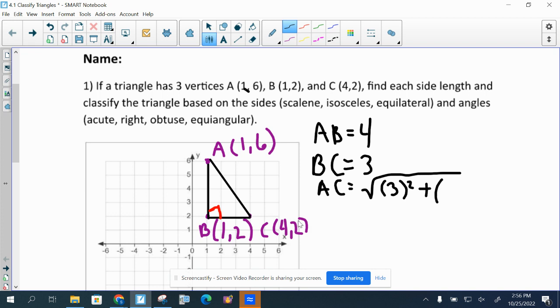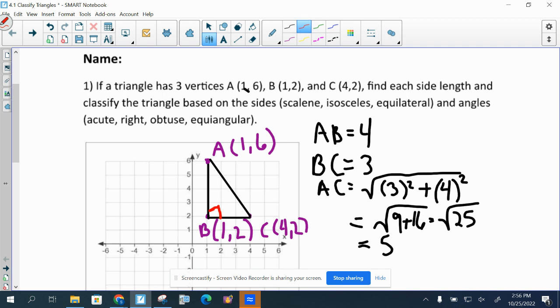The 2 minus 6 would be negative 4. I'm just going to write 4 squared because I know it's going to come out positive anyways. So this would be the square root of 9 plus 16, which is the square root of 25, which is 5.